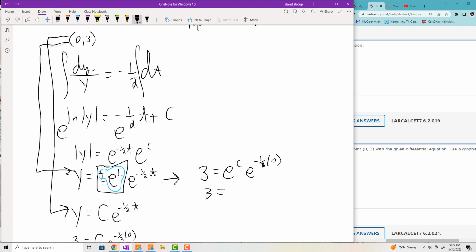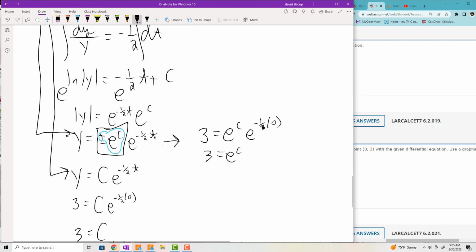And so I have 3 equals e to the c times e to the 0. And then to get the c value, you have to take the natural log on both sides. So I have the ln of 3 equals ln of e to the c. You could bring down the c using the power rule, and then the ln of e is just 1.